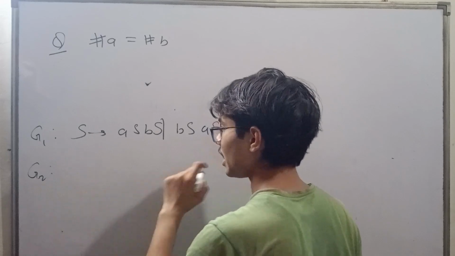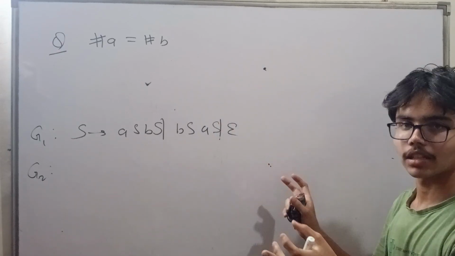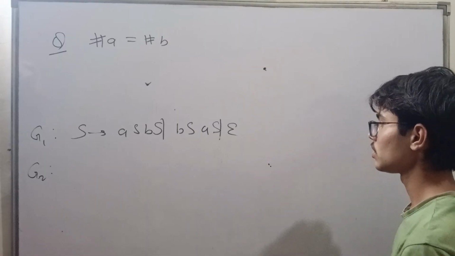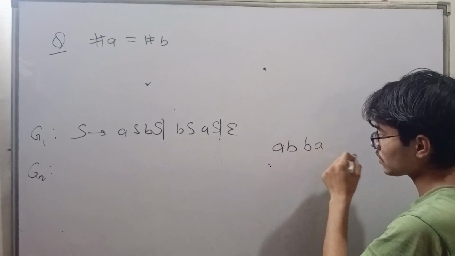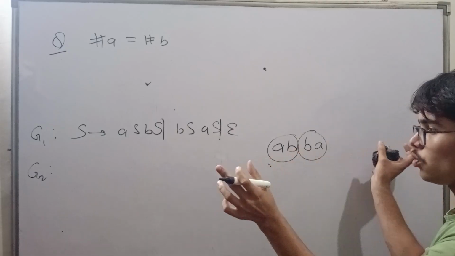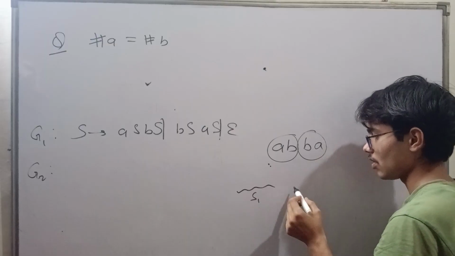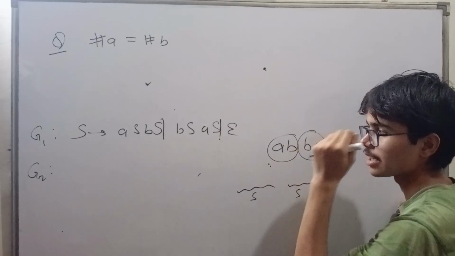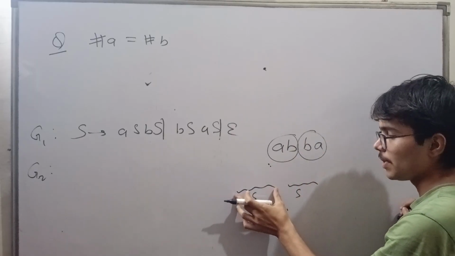Grammar 2 you can also write. There are two parts you have to write, like you have to make an equal number of A and B, such that AB BA. If I take two components of this, you have to write an equal number of A and B here also, and an equal number of A and B here also.